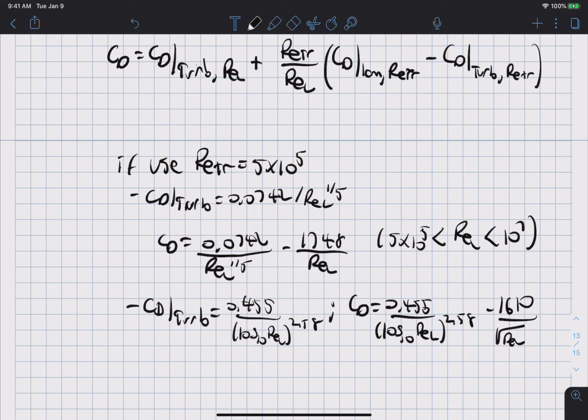Is that right? Let me look at that real quick just to make sure. Okay, thought that looked wrong. That's 1610 over REL.